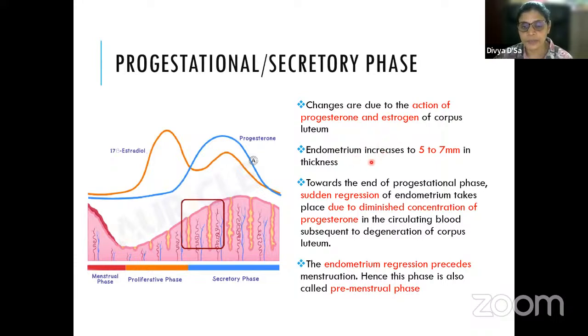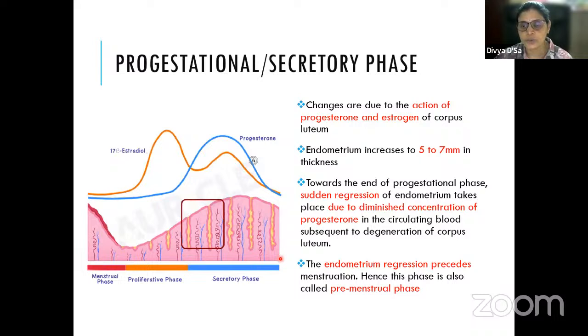So the endometrium here increases in thickness. Earlier it was about 1 to 3 millimeters, and now it increases to about 5 to 7 millimeters in thickness. Towards the end of this progestational or secretory phase, sudden regression of the endometrium takes place because of the diminished concentration of progesterone.